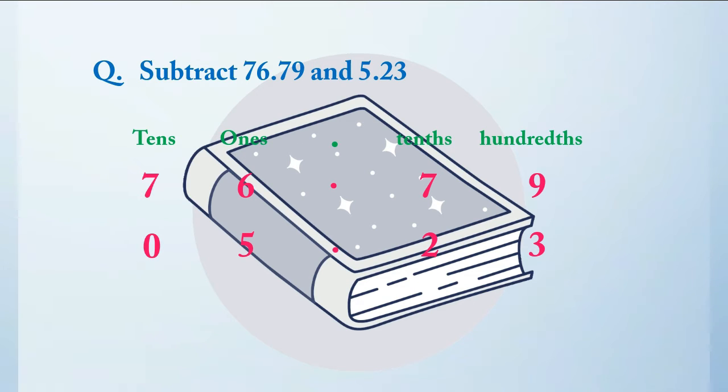After this we will subtract them. 9 minus 3 is 6, 7 minus 2, 5. We will copy the decimal point below the decimal point. 6 minus 5, 1. 7 minus 0, 7. So we get 71.56 after subtracting 5.23 from 76.79.